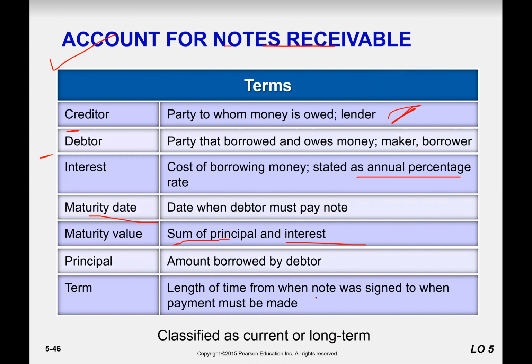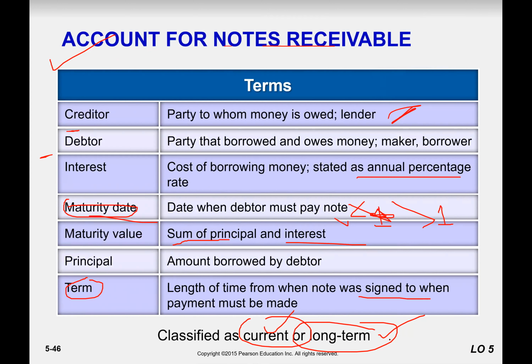So the length of time from when the note was signed to when payment must be made, all the terms and conditions, who made payments to whom, is mentioned here. Remember, it can be current or long term. If the maturity date is less than 1 year, it will be a current asset. If its maturity date is greater than 1 year, it would be long term. So you need to see the maturity date, the maturity period.